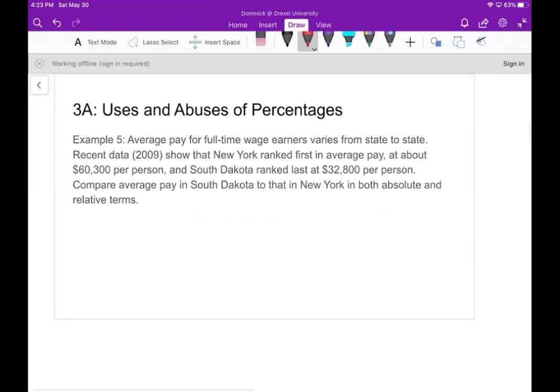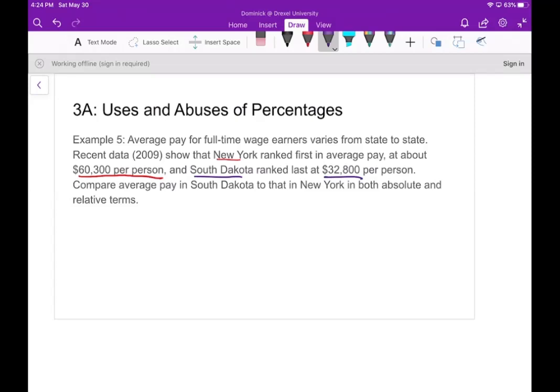So in example 5, we have the average pay for full-time wage earners varies from state to state. Now, recent data in 2009, so not really that recent anymore, but nevertheless, show that New York ranked first in average pay at about $60,300 per person, and South Dakota ranked last at $32,800 per person.